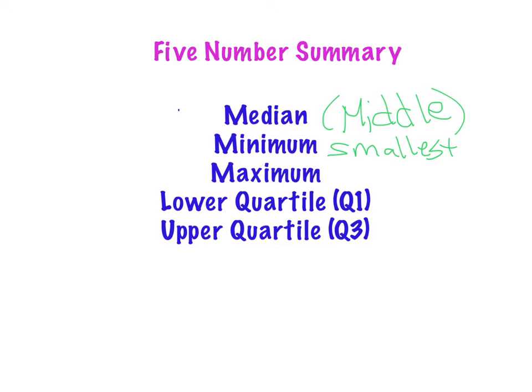Then we have the maximum, which is our largest number in a set of data. The lower quartile is going to be the median of the smaller numbers. And our upper quartile is going to be the median of the upper, higher numbers when we divide them into 2 sections from our median. We will go over this in more detail in the next slide.